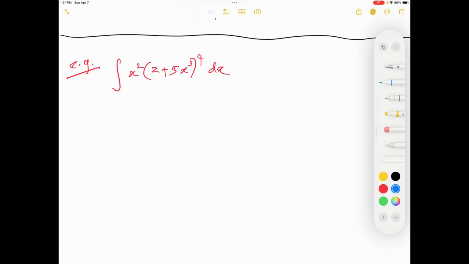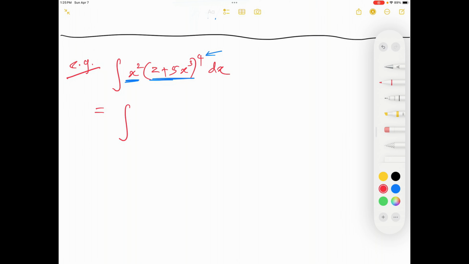But with the previous theorem, I don't need that. I can see this part as f of x and this as n. So my f of x is 2 plus 5x cubed, n is equal to 4. If I differentiate 2 plus 5x cubed, I know my answer should be 15x squared. What I don't have is just a 15, because right here it is just x squared.